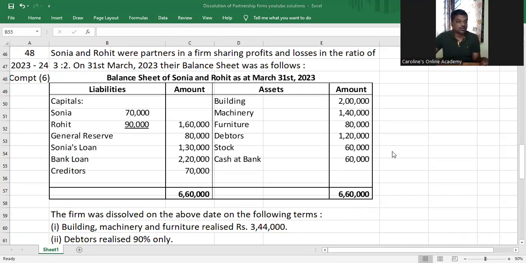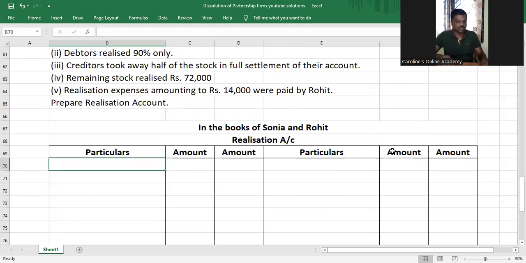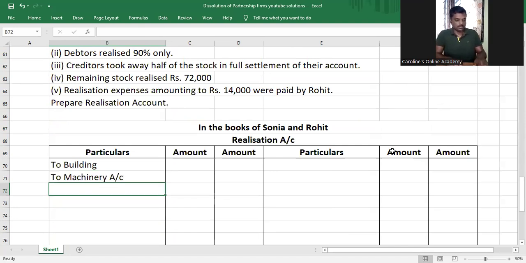Understood? So doing that now, I'm going to transfer building, machinery, furniture, debtors, and stock. So I'll just write to building account, to machinery account, to debtors account, to stock account.